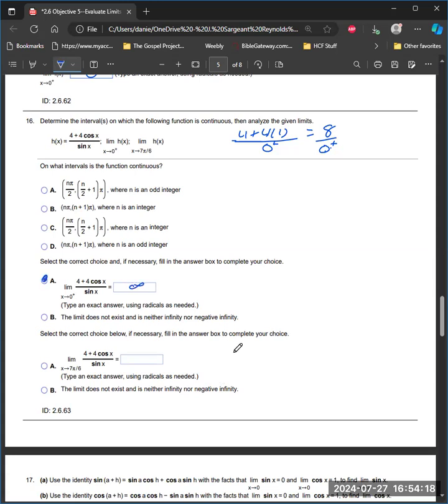This first part here. And then as I approach 7 pi over 6, we're down in quadrant 3, cosine will be negative there. 4 plus 4 times negative root 3 over 2 over, and then this is going to be a negative 1/2 here.